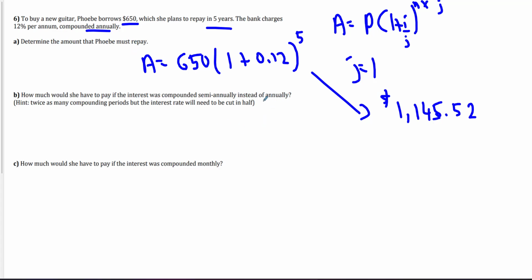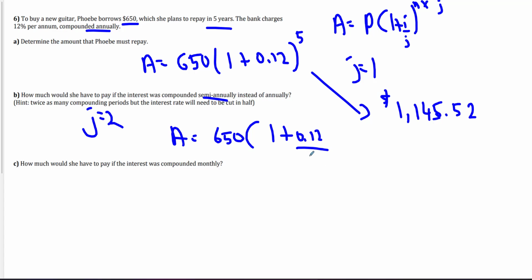What if it's compounded semi-annually? So now my J value is 2. So my equation becomes A is equal to 650 times (1 plus 0.12 divided by 2) to the power of 5 times 2. So that's going to be 650 times 1.06 to the power of 10.